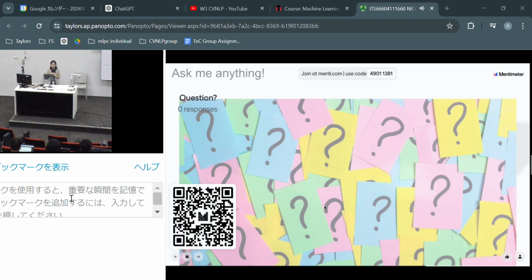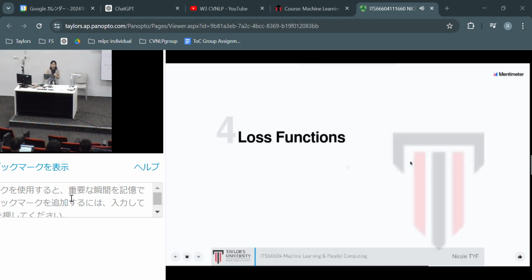So in the process of training a machine learning algorithm, we often talk about this loss function. What is a loss function? A loss function is a way to calculate the error which a model is seeing, okay? Error.